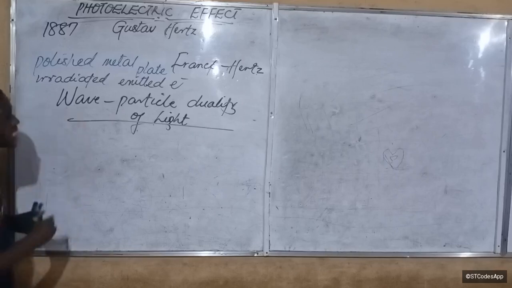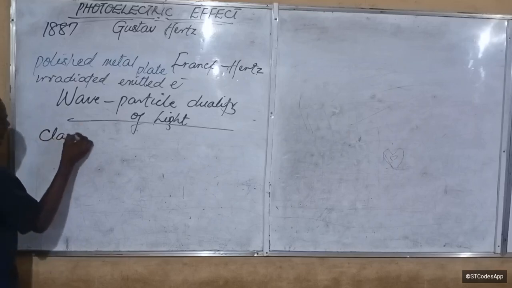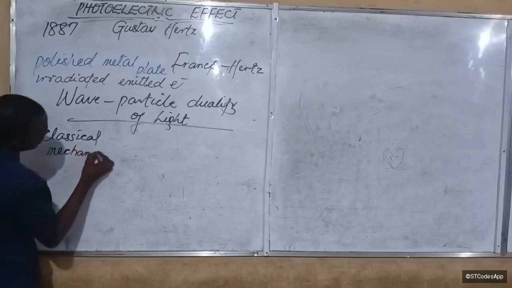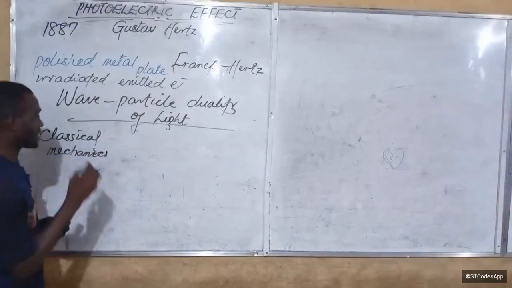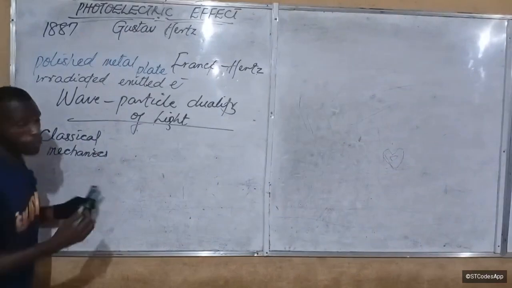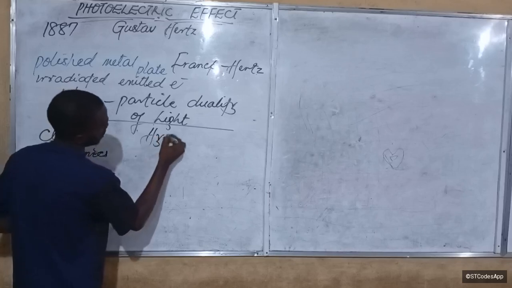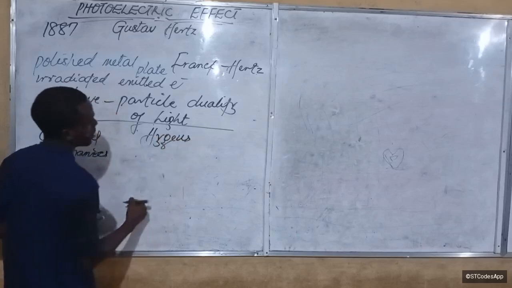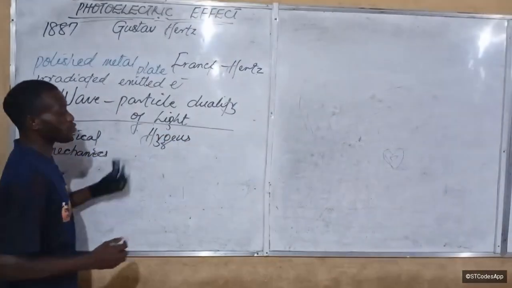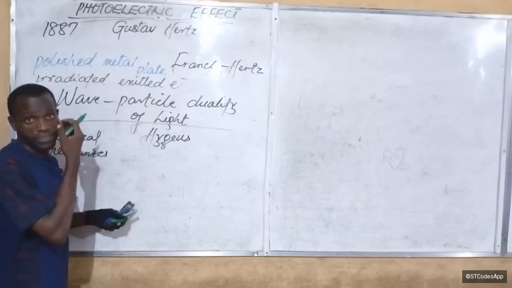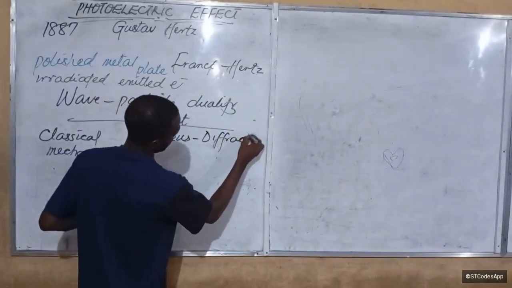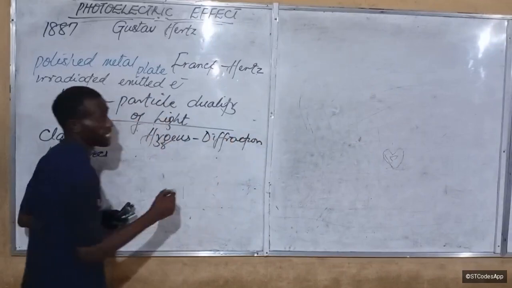Now, if only the classical idea of light were true, which was as proposed by Huygens, that's the way it is pronounced, his idea was about the diffraction of light, and he proved that using diffraction of light.